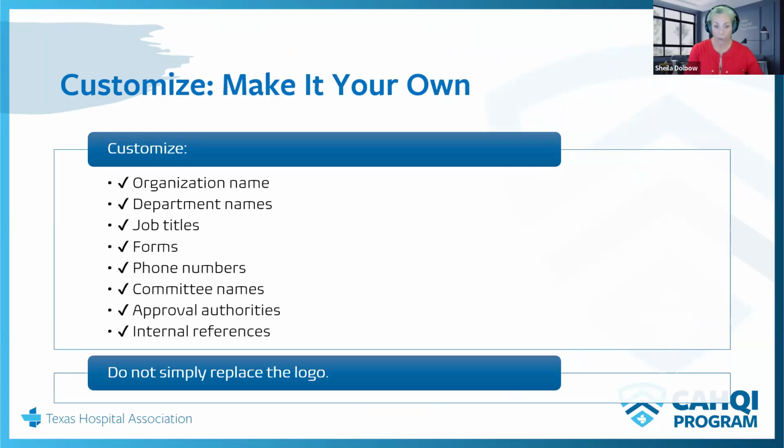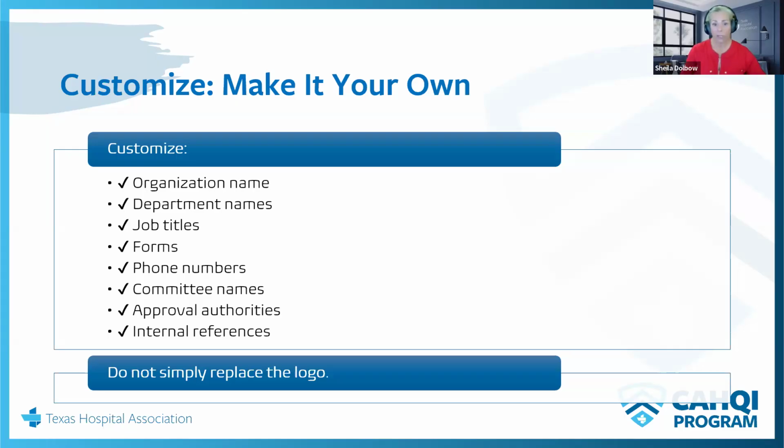We have hospitals that refer to their nurse executive as a chief nursing officer. We have some organizations that refer to that position as director of nurses. And so, whatever it is in your organization, that's how it needs to be reflected in your policies and procedures. Whatever current forms your organization uses, current phone numbers, your committee names, those may be different.